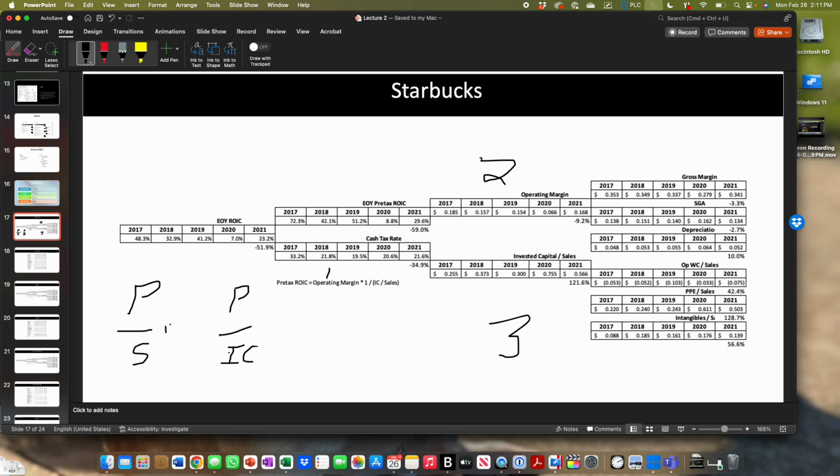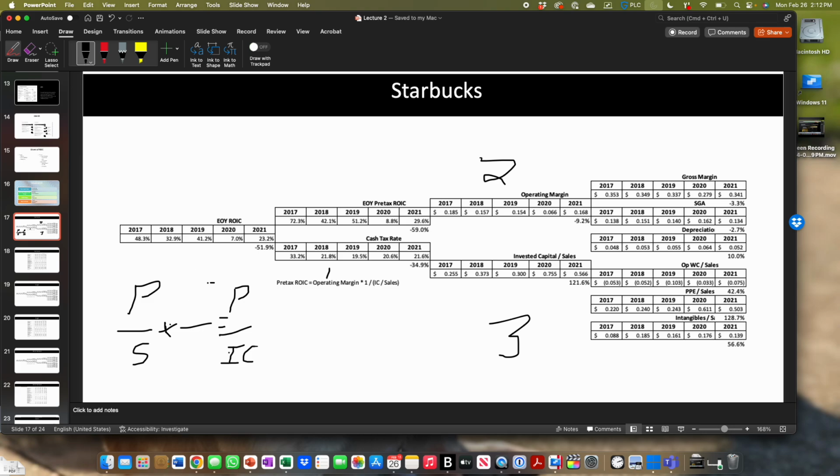If I multiply P over S times something over something, that will equal P over IC. Does anybody remember their algebra? What would they blank over blank be? P over S times blank over blank equals P over IC. Yeah. S over IC? Has to be S over IC.